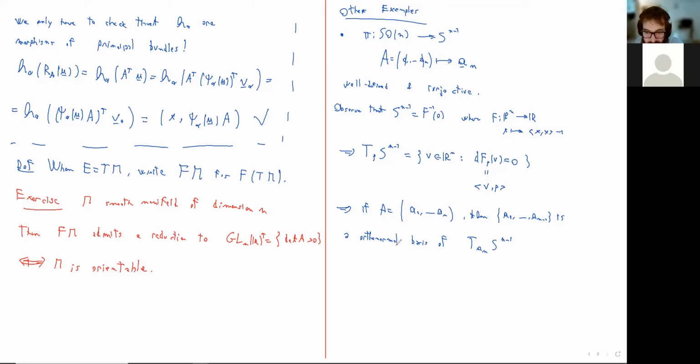Let's denote by u_A the basis of the tangent space at An given by A1, ..., A(n-1). And of course, this is an element of the frame bundle.